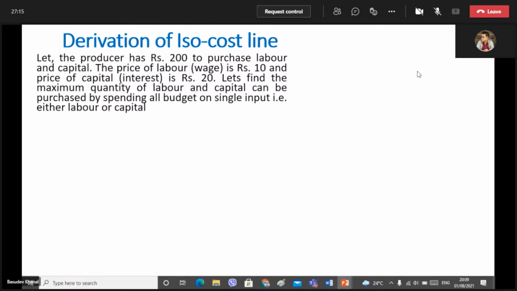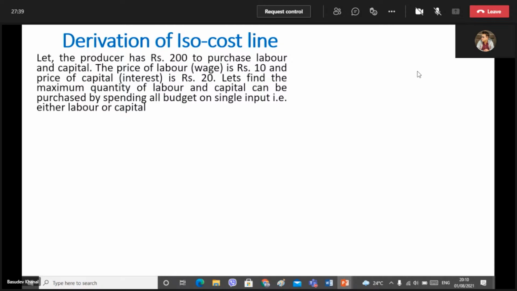What did we teach earlier in the independent analysis? If the consumer spends entire money income on X, how many units of X can be purchased? If the consumer spends entire money income on Y, how many units of Y can be purchased? By plotting these extreme quantities of X and Y goods in a diagram, we get a price line or budget line.